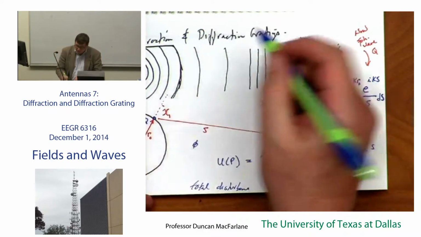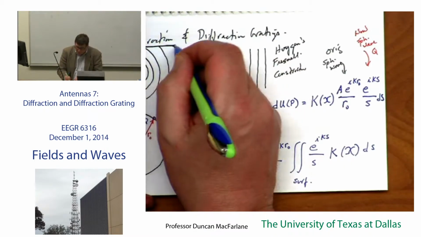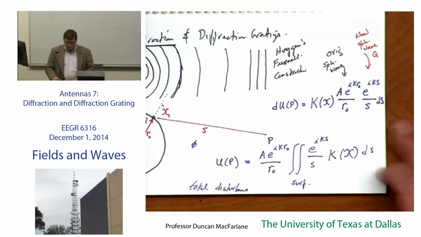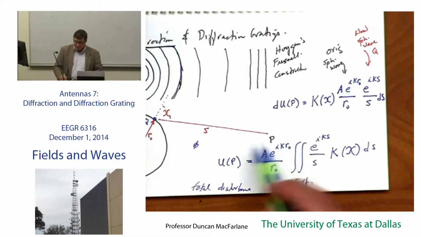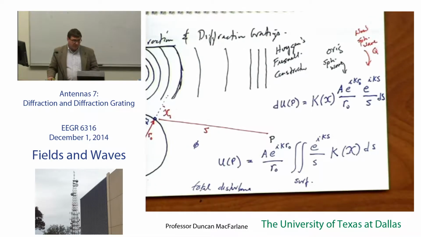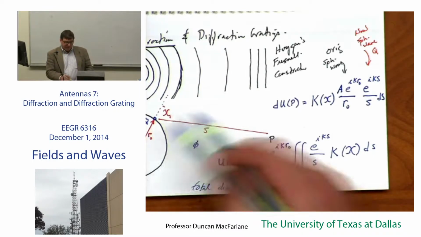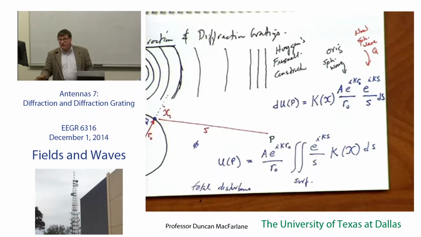Now, the terminologies become a little bit different. If you're very, very far away, if this S is very, very far away, the observation's at the infinity plane, then you do something called Fraunhofer diffraction. More generally, if you're interested in near field effects, you do Fresnel diffraction. Okay?